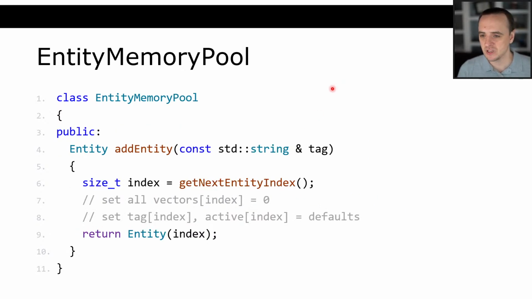And inside the memory pool, how do we actually add an entity to the memory pool? Well, we would just get the next entity index and return that index. It's crazy. Well, I mean, we would have to set all the vector indices to 0, but it's crazy how easy this is to actually accomplish with ECS and the system that we've been doing.